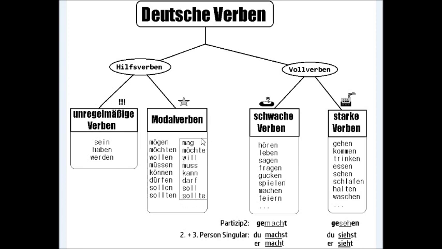The main verbs are split up into weak and strong ones. The weak ones are very easy to use with no exceptions, and the strong ones have variation in certain grammatical forms, and their past participles end in n instead of t.